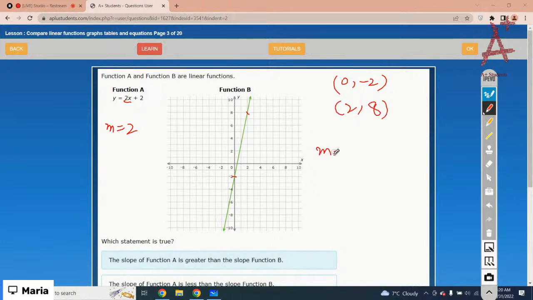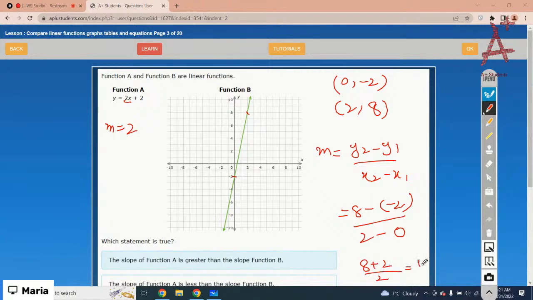Okay. Slope is change in y divided by change in x. 8 minus negative 2 divided by 2 minus 0. So it would be 8 plus 2 is 10, and 10 over 2 is 5. So which of the options is the correct one?